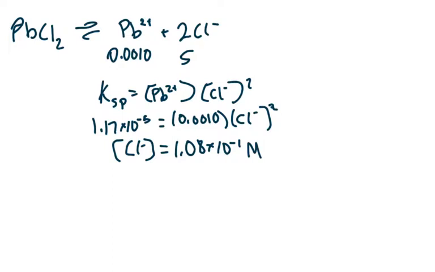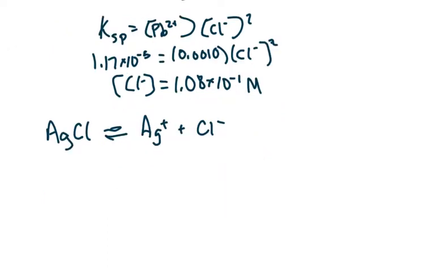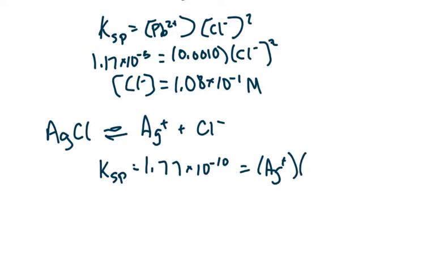But the question asks, what is the silver concentration when the lead just begins to precipitate? So now I'm going to go back to my silver. AgCl is in equilibrium with silver plus Cl minus. Now I can plug in my Ksp, again from the table, 1.77 times 10 to the minus 10, and that's going to be my silver concentration times my chloride concentration.